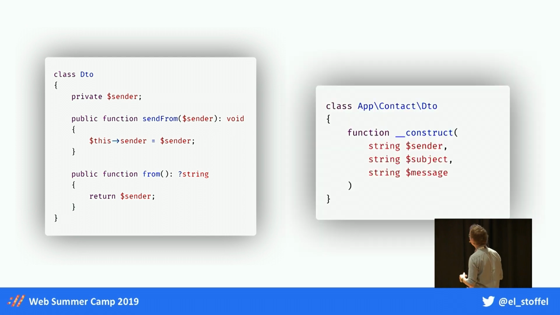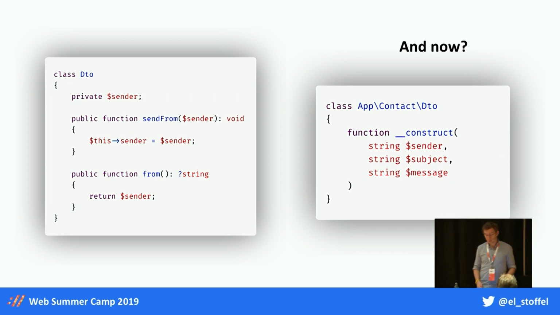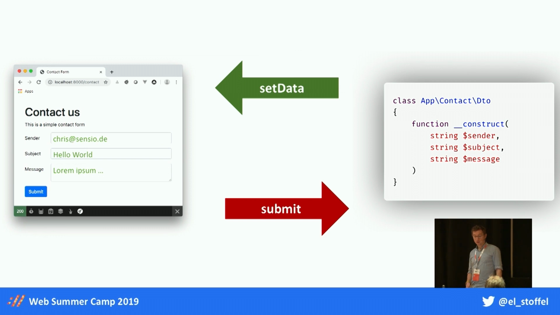And it gets worse when we have something like this, a constructor with mandatory arguments. So if we have different types of objects, PHP objects on server side, we need a better solution. And therefore we can use data mappers.